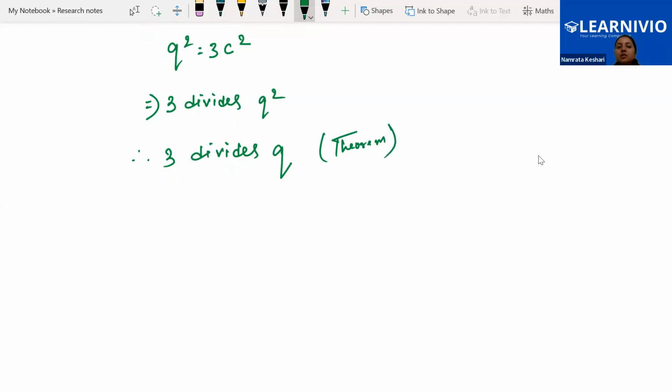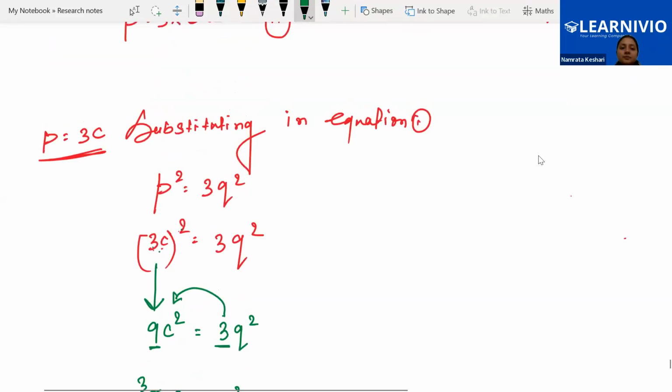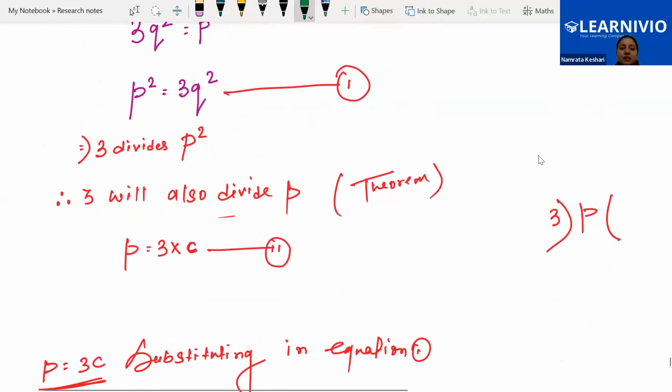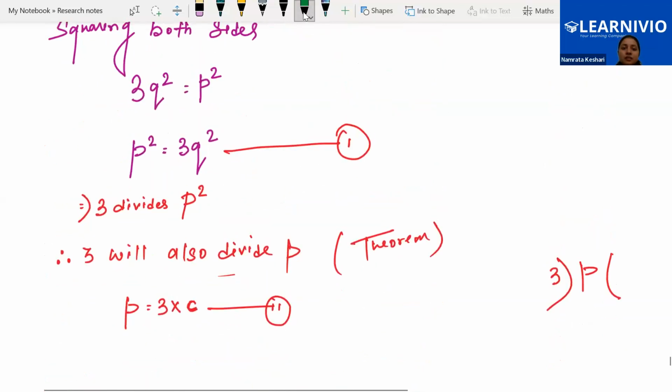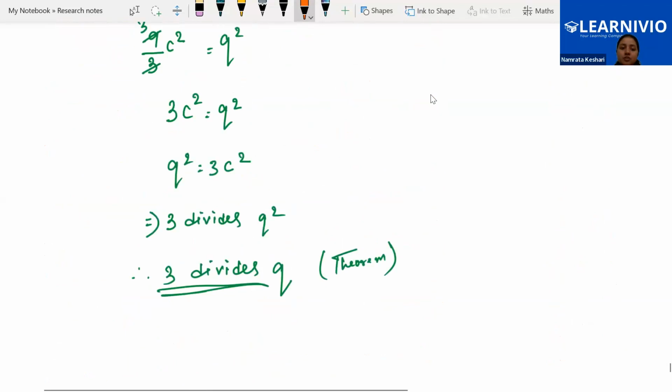Now 3 divides Q we have written. Here we have written 3 divides P, 3 divides P, 3 divides Q.